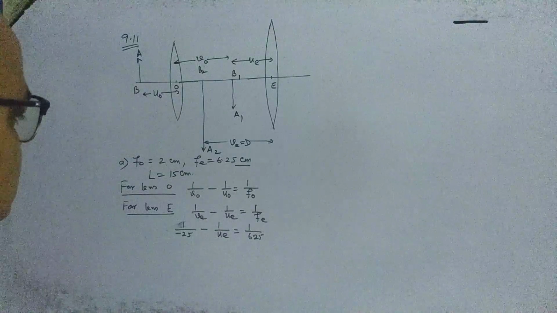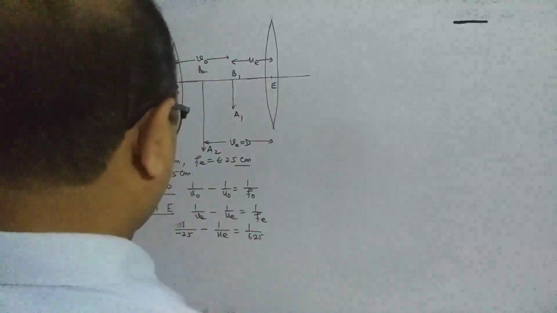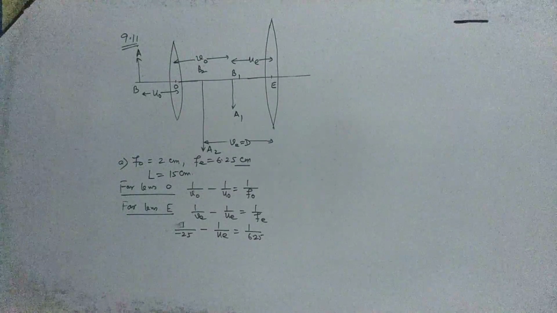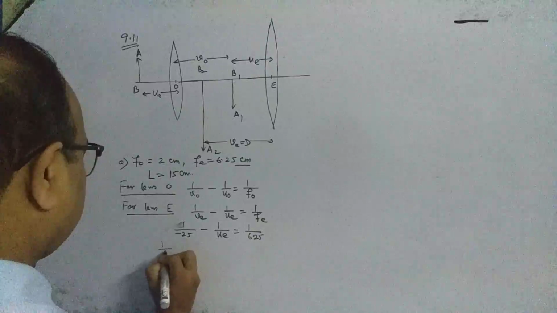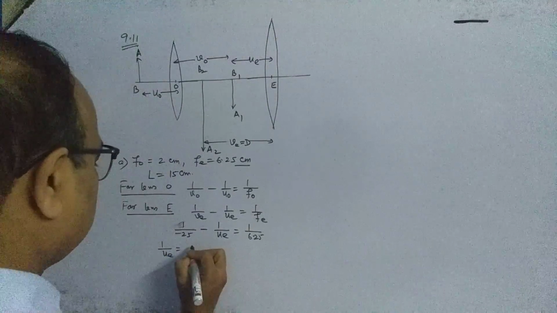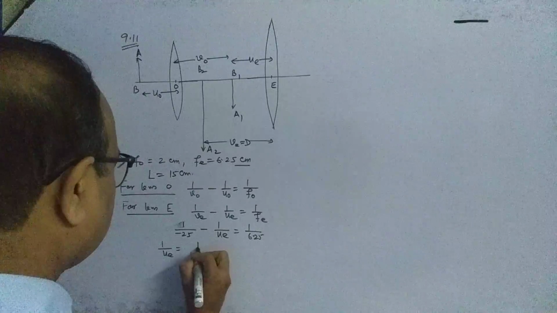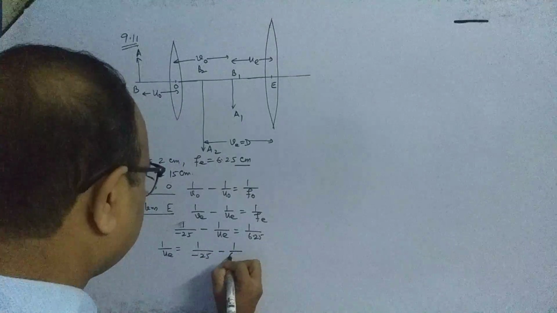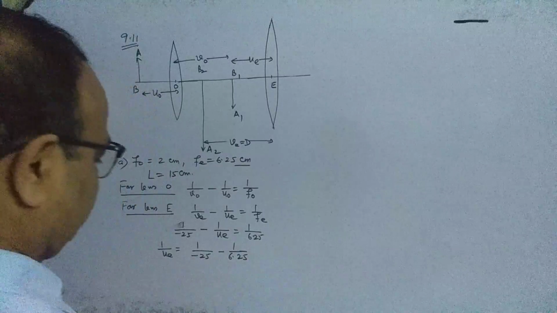So we can write 1 by UE is equal to 1 by minus 25 minus 1 by 6.25.